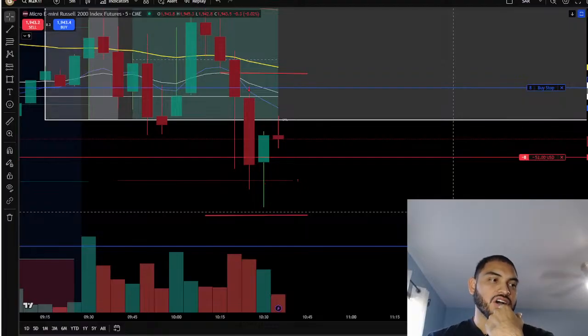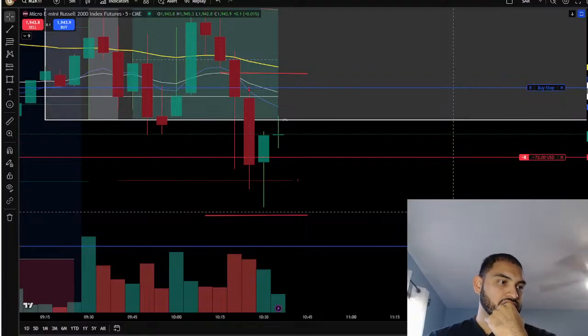So it looks like we're getting a reaction on the ORB. See if it can hold.